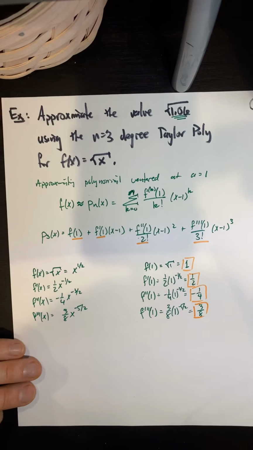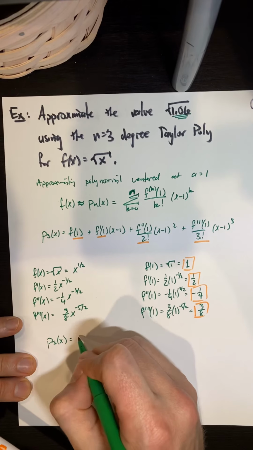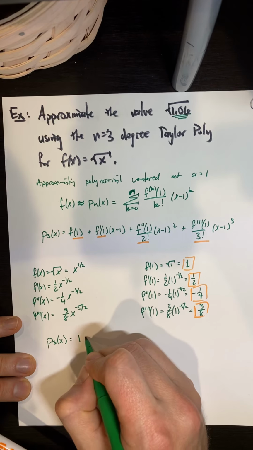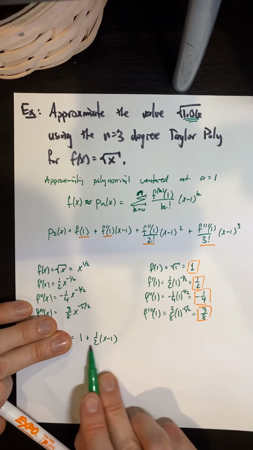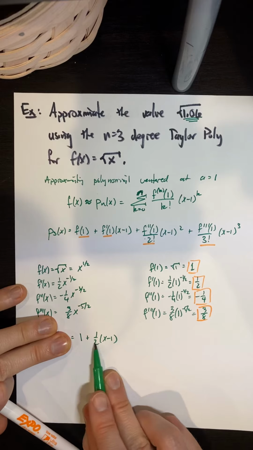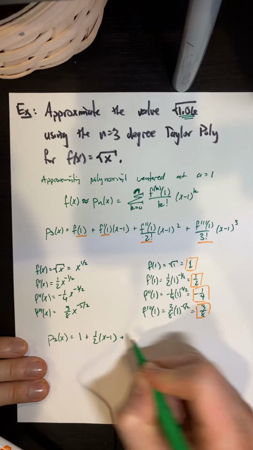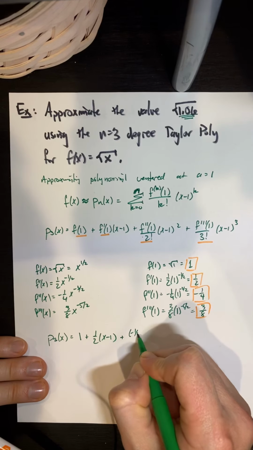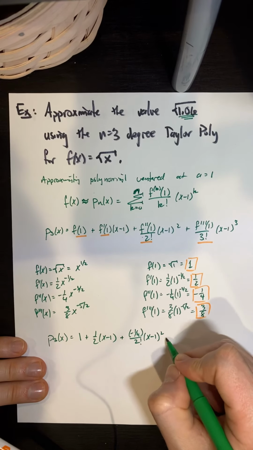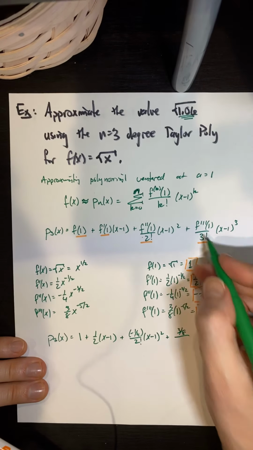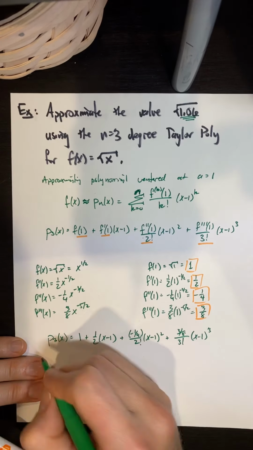And now I can plug them in to construct the third degree approximating polynomial for this function. So it would be 1 plus 1/2 times x minus 1. Let me stop here for a second. This is the first degree approximating polynomial, which is just the equation of the tangent line, correct? This is a line. But I want to do better than that. So I have negative 1/4 over 2 factorial times x minus 1 squared plus 3/8 over 3 factorial times x minus 1 cubed.